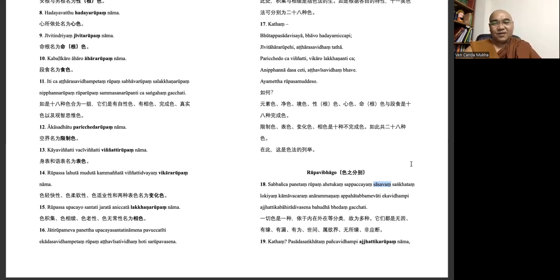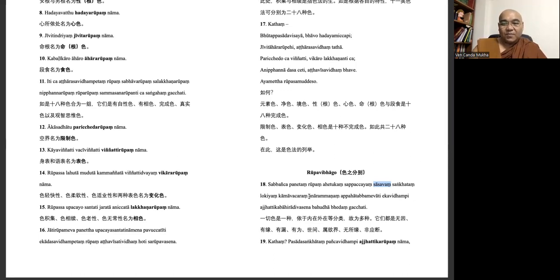In this way they become the object of our craving. That's why wherever rupa is, it remains as the object of sensual desire. So that's why it is called Kamavacara.